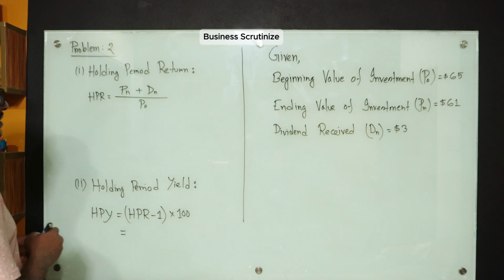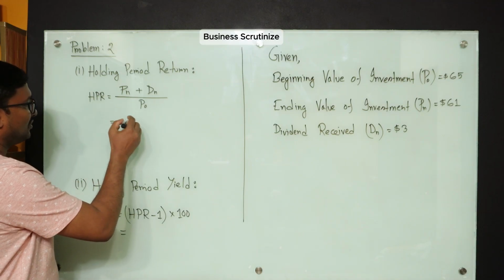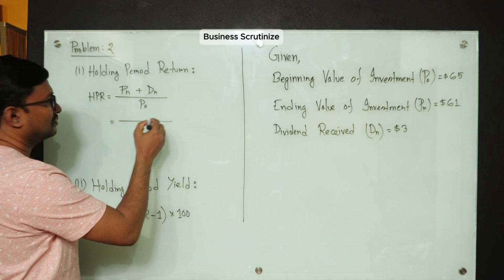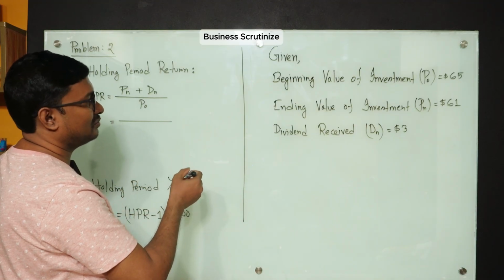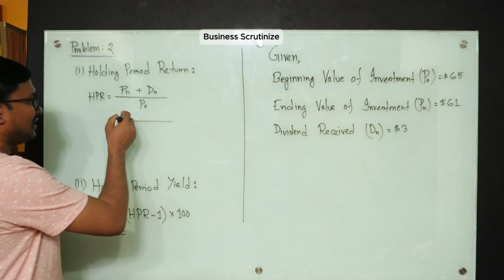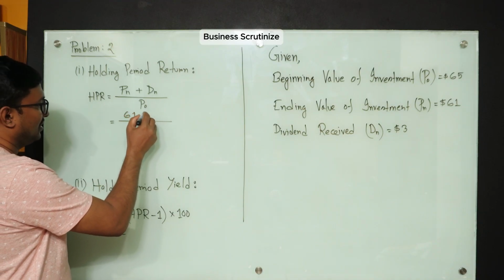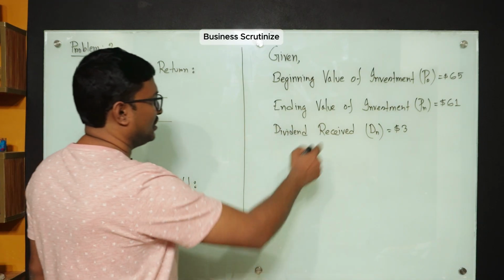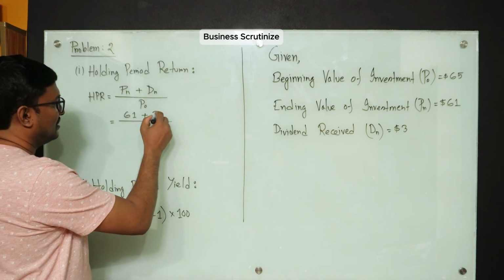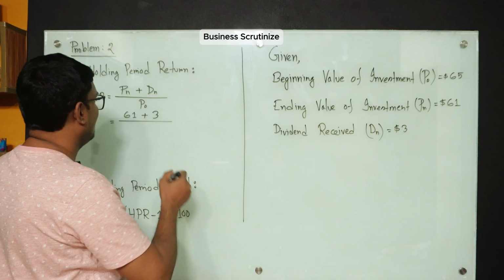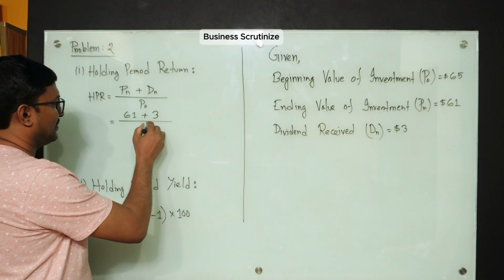So I just need to input the given data into the equation: the beginning value of the investment and the ending value of the investment. Firstly we write the ending value, which is 61, and the dividend received during the period, which is $3 per share, and the beginning value, 65.